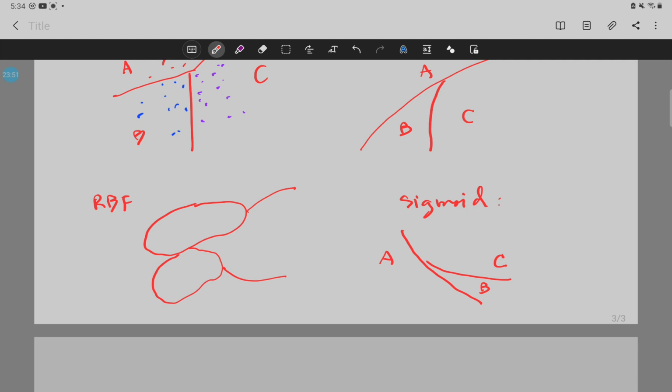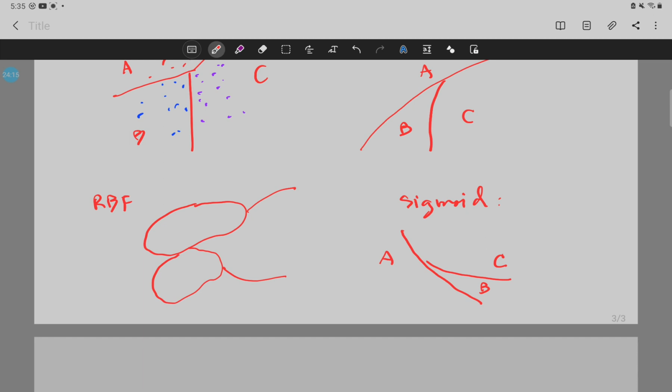If you remember, last time we also talked about two parameters. One is the C, regularization, and also the gamma. For C, it allows for more errors, but for gamma, it allows for more curvature.